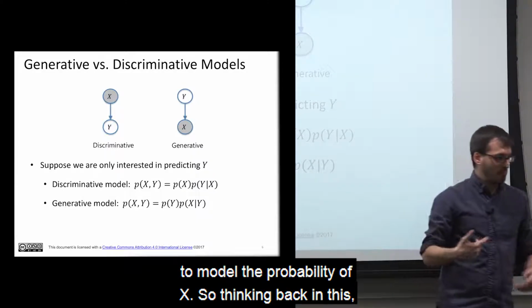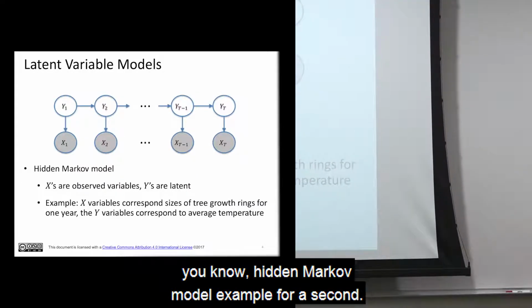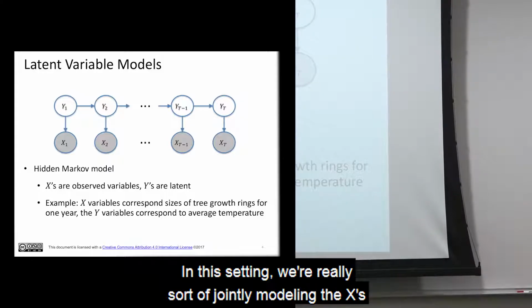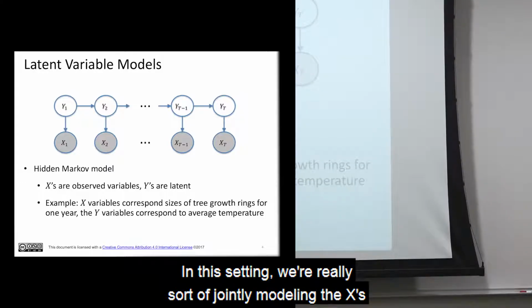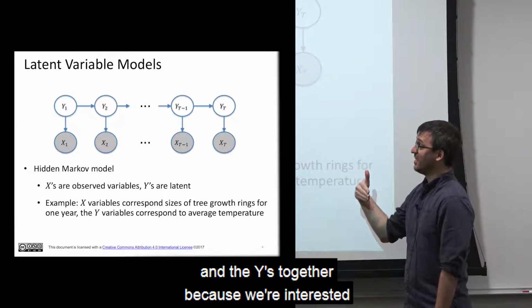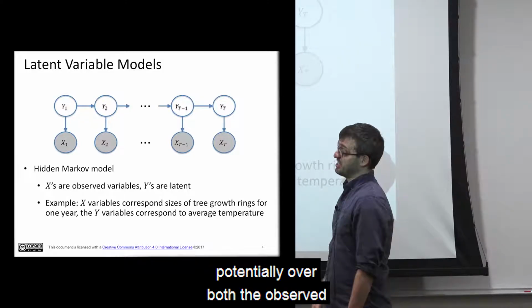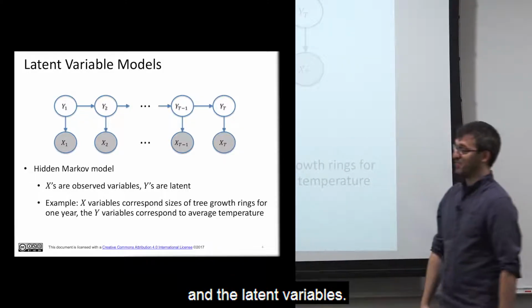So thinking back to the hidden Markov model example for a second. In this setting, we're jointly modeling the x's and the y's together because we're interested in the probability distribution over potentially both the observed and the latent variables.